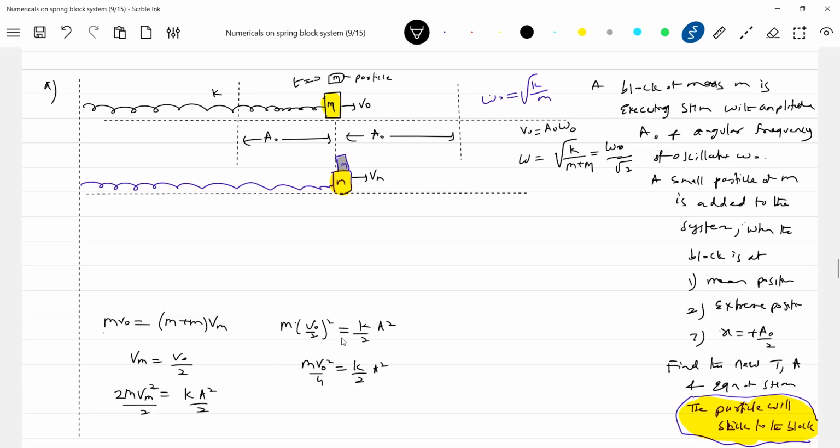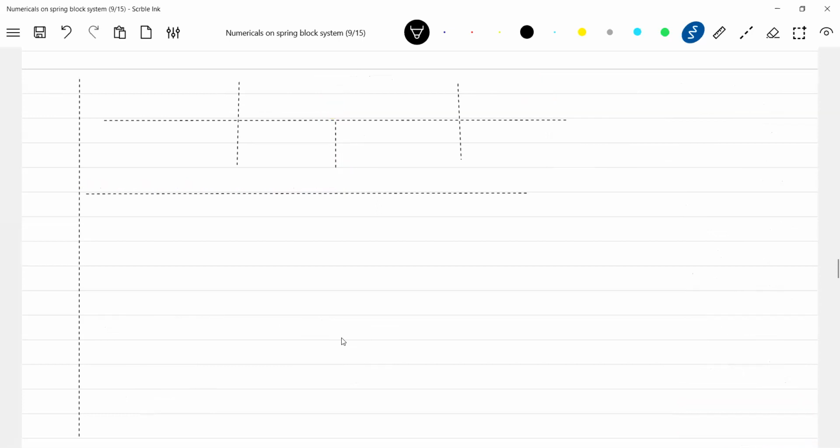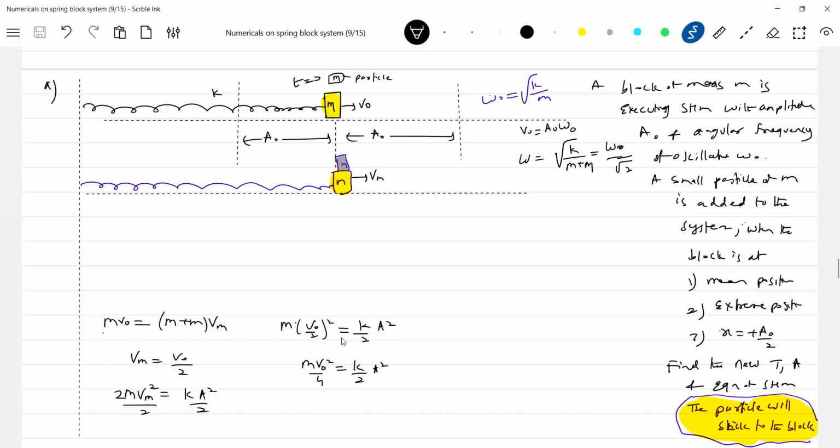But we don't know any of the things. Okay, you can write V naught as A naught omega naught square by 4. A naught square equal to, this will become 2. So what is K? You can write M omega naught square.